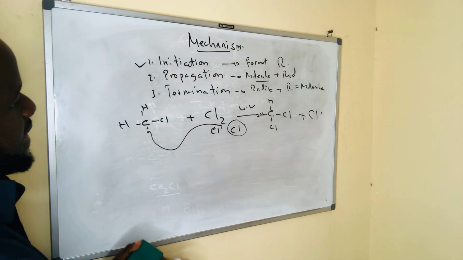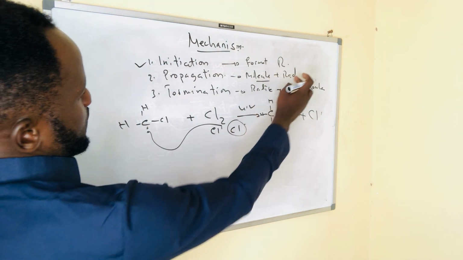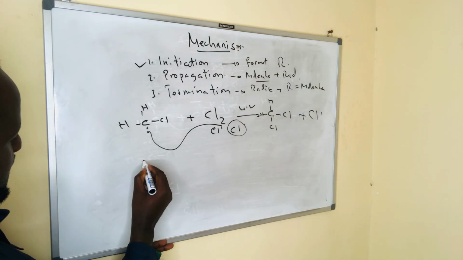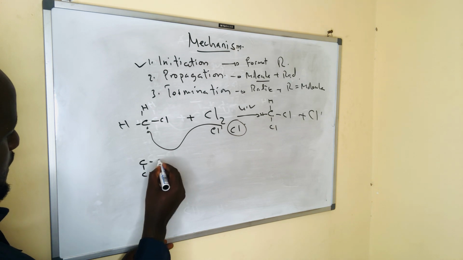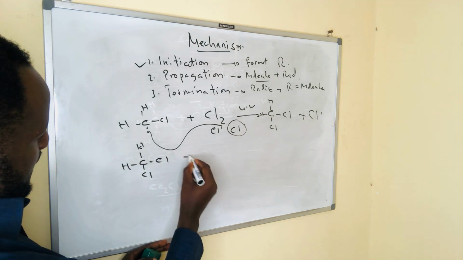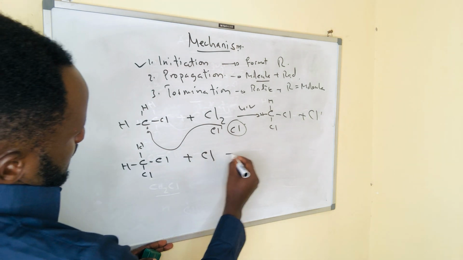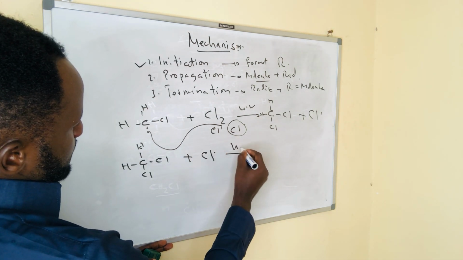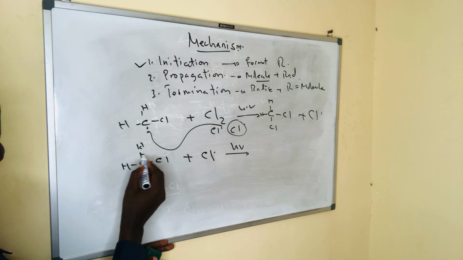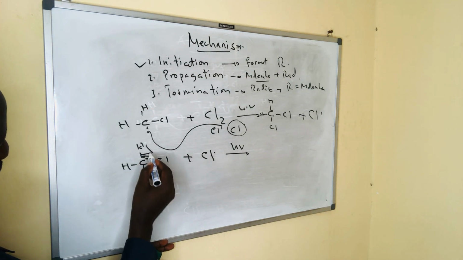You see, then you proceed with propagation again. You do another propagation, so a molecule and a radical. You take this one as a molecule, which is carbon, chlorine, hydrogen plus radical, and then you put UV light, and then now we need to break this bond homolytically.